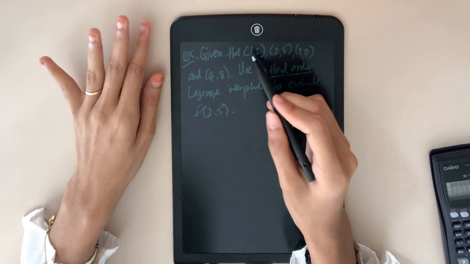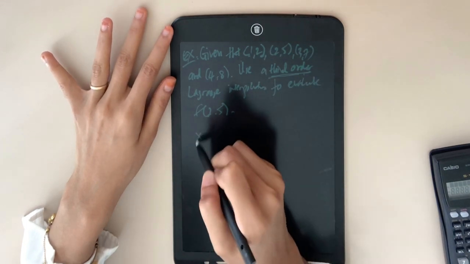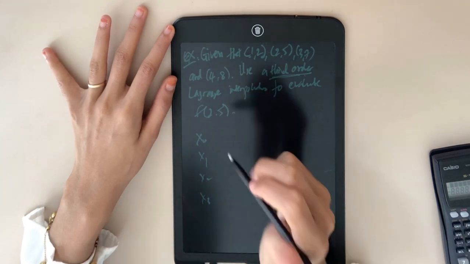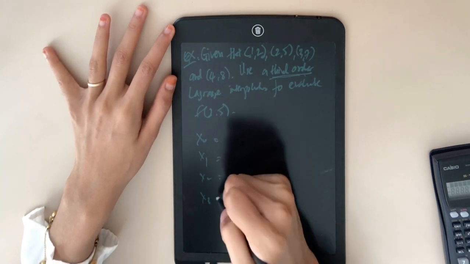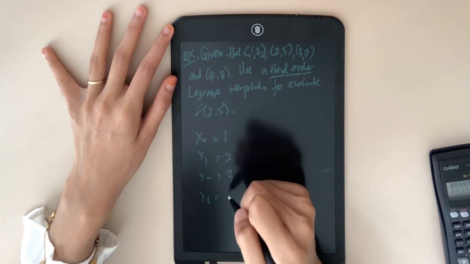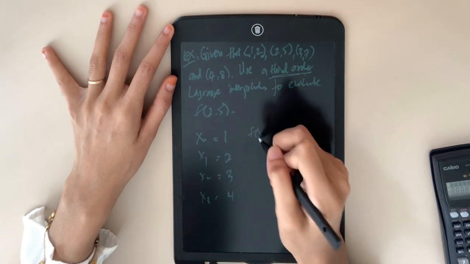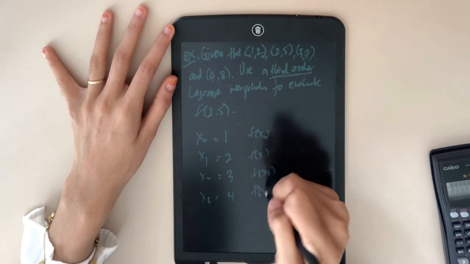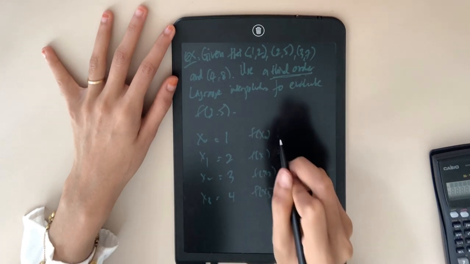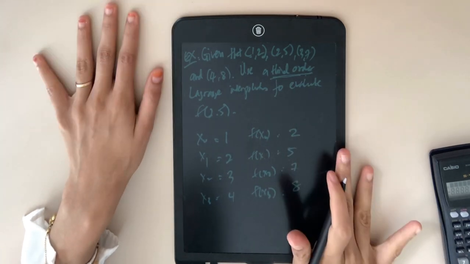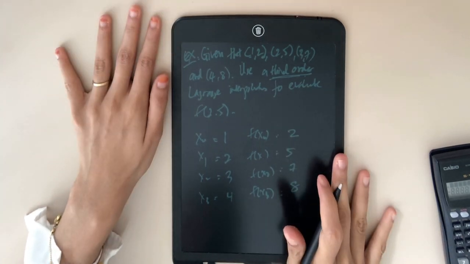Okay, so here is your F. So here you have until x3. So your x0 is 1, x1 is 2, x2 is 3, x3 is 4, and the pair of each of it, so 2, 5, 7 and 8. Okay, so I don't want to show the steps.